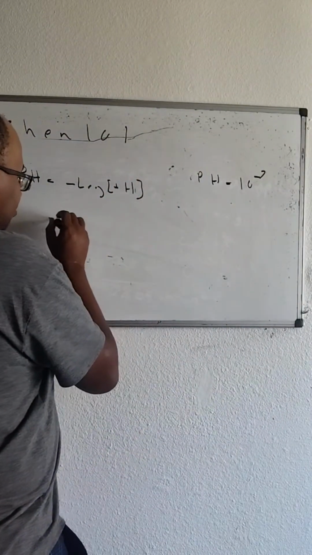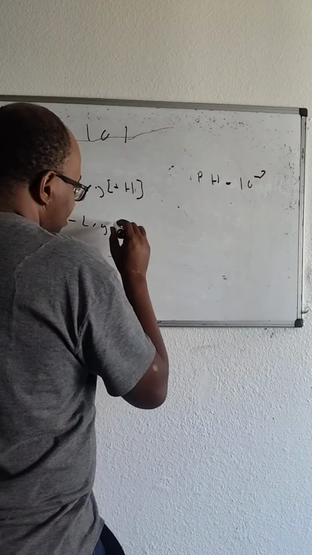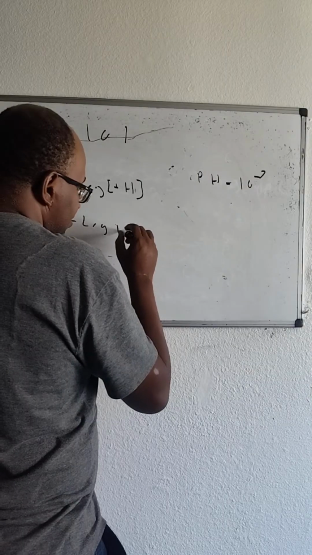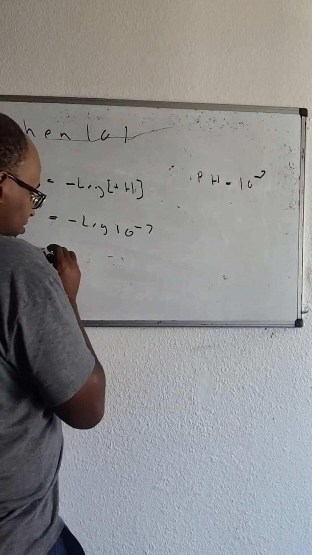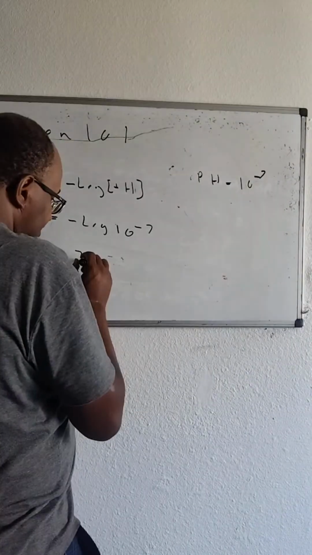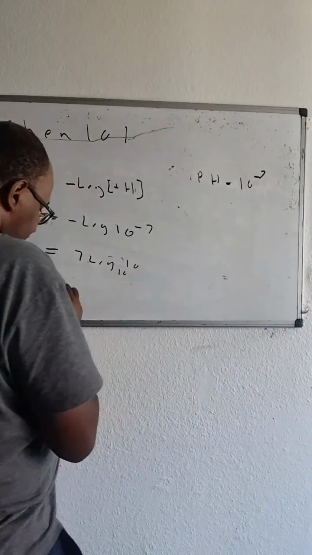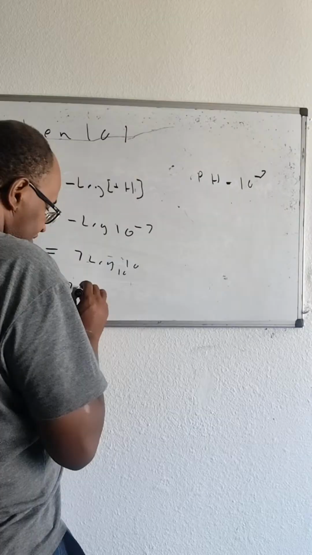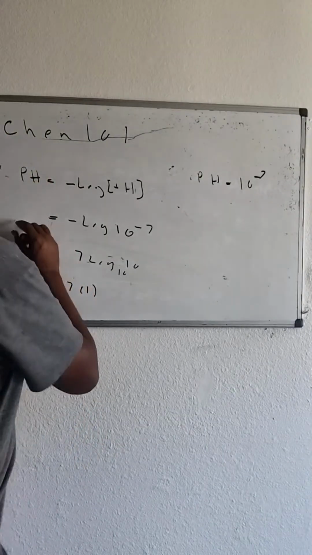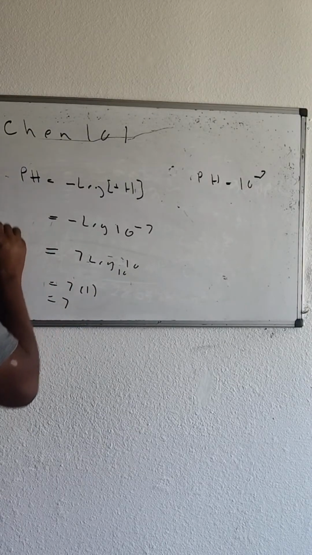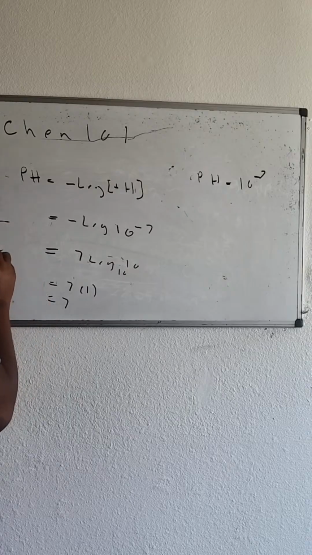So what we're going to do, we're going to figure out the log of 10 to the power negative 7. So that's going to put 7 here. Log of 10 to the negative 7 is negative 7, so that means on the scale, this will be 14 and this will be 0.